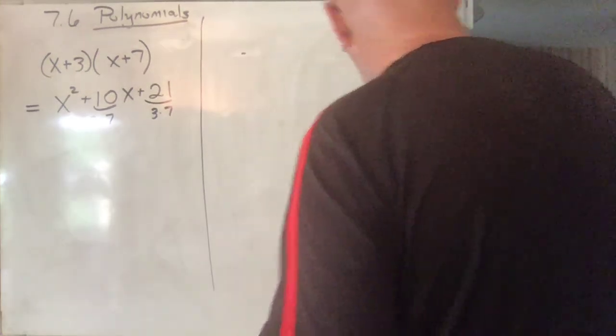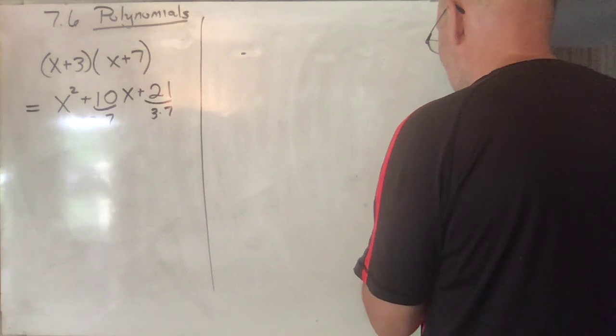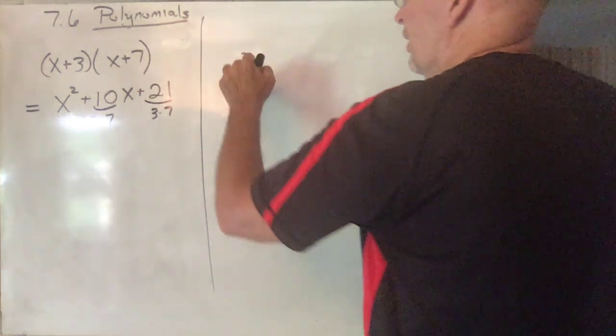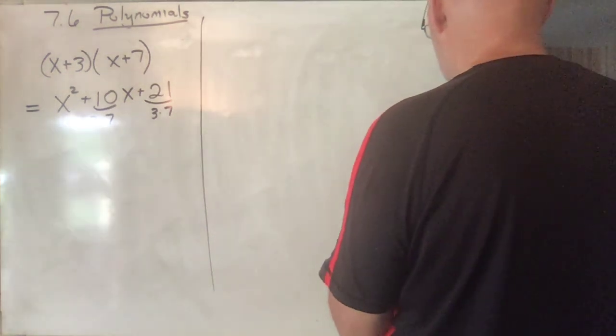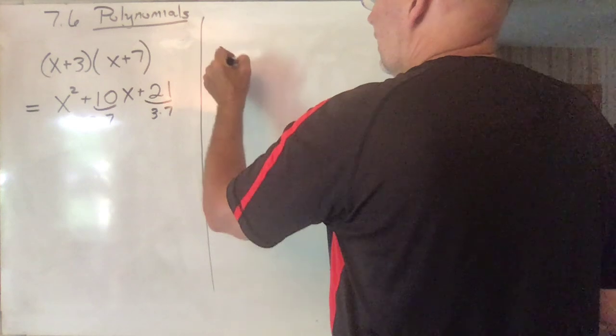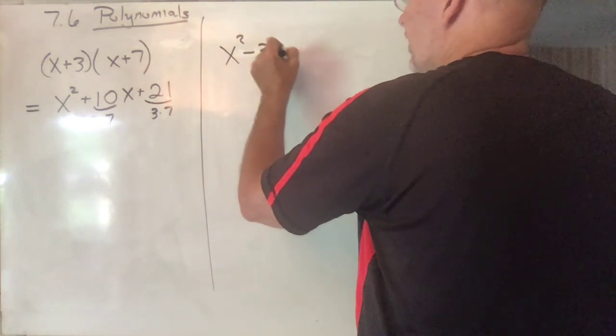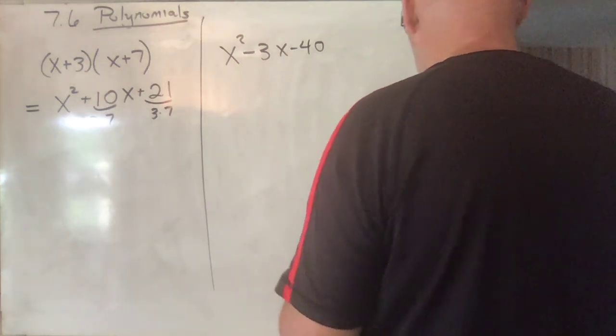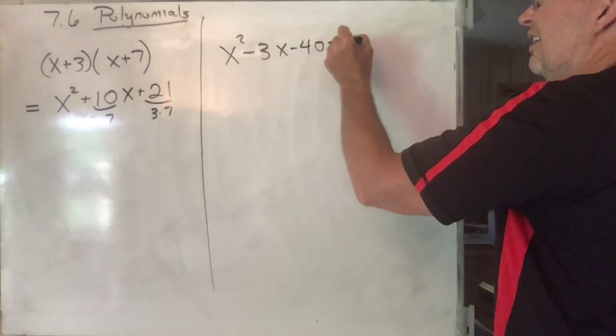Okay, how about this one? x squared minus 3x minus 40. Okay?